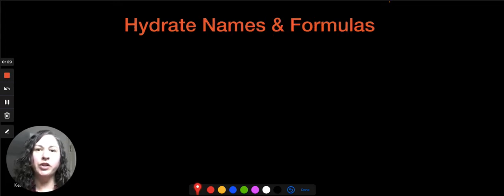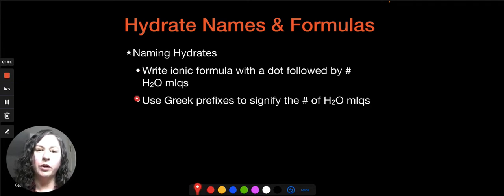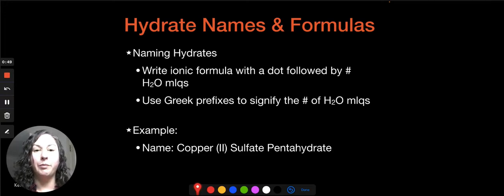And so in order to determine our hydrate names and formulas, what we want to know is that we're going to write the ionic formula with a dot followed by the number of water molecules. And so we're going to use Greek prefixes to signify the number of water molecules. Our example that we're going to spend some time with today is going to be copper 2 sulfate pentahydrate.